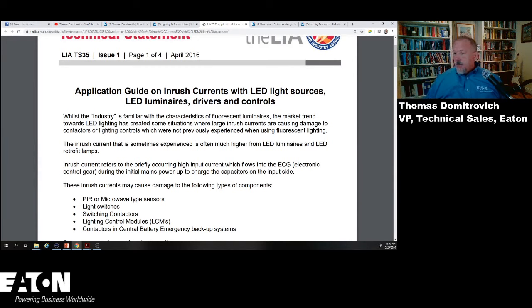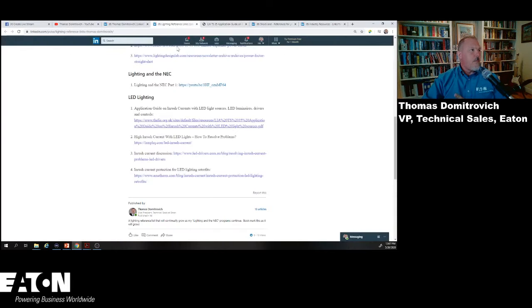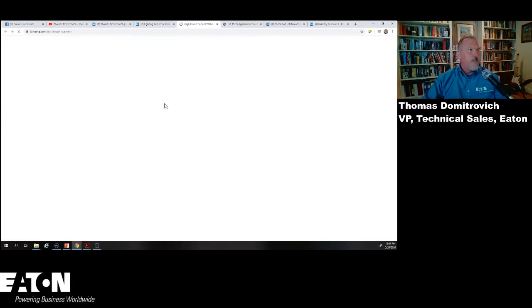I want to make it clear that although we don't have a specific circuit breaker designed for LED type loads, what we do know is that an LED driver will have inrush currents. There are high inrush currents with LED.